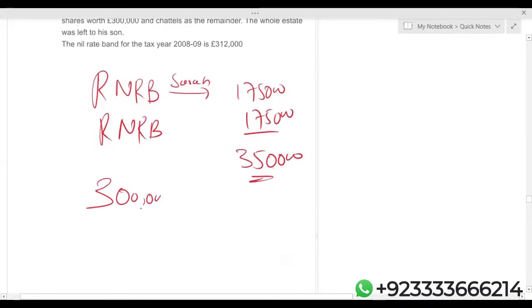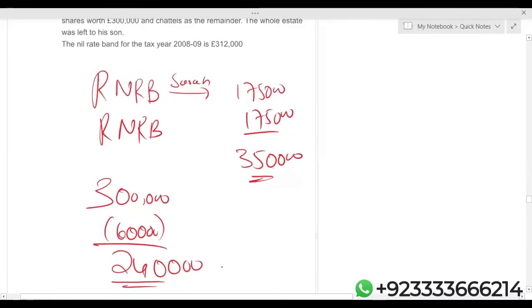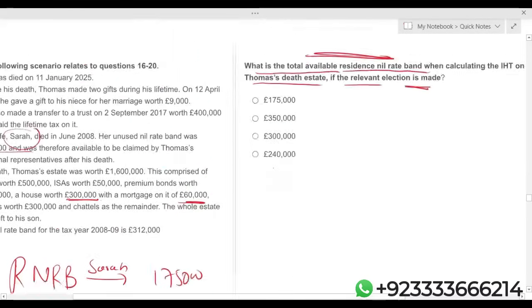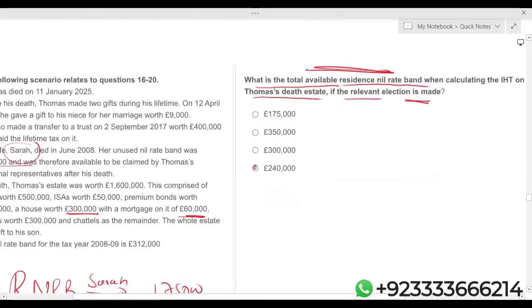So we will deduct that mortgage. Now, whichever is lower, that is main residence minus mortgage, the value is 240,000. We'll compare this 240,000 with 350,000. Whichever is lower is going to be your residence nil rate band. Of course, residence nil rate band cannot exceed the main residence value. And how do we determine the value? Whatever is the value, we do deduct the mortgage.